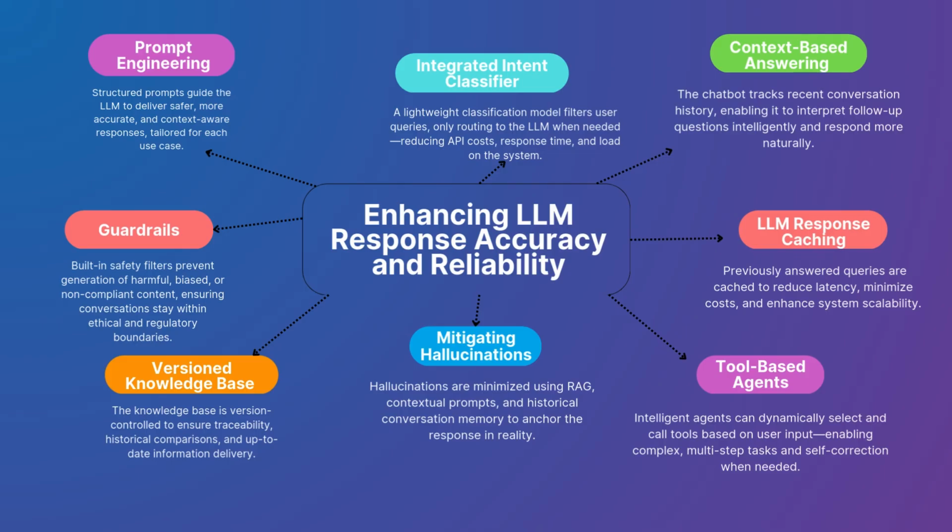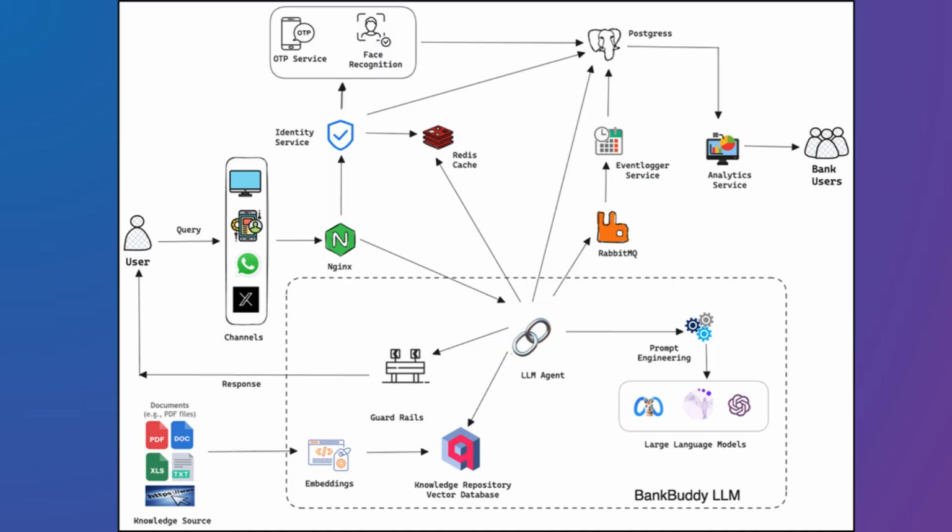We also mitigate hallucinations through contextual prompts and memory anchoring, keeping the AI grounded in reality. Finally, tool-based agents allow the system to autonomously invoke tools and complete complex, multi-step tasks, enabling dynamic and intelligent automation across user journeys. Now moving further, let's look at the LLM architecture that powers the generative AI experience.